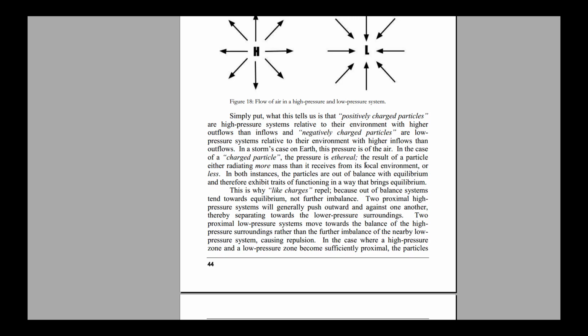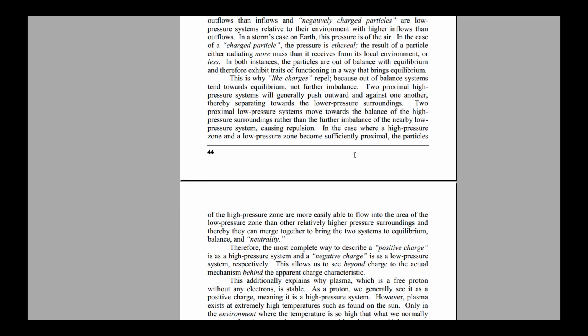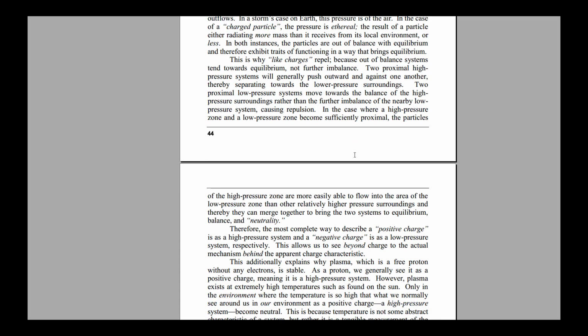This is why like charges repel, because out of balance systems tend towards equilibrium, not further imbalance. Two proximal high pressure systems will generally push outward and against one another and thereby separate towards the lower pressure surroundings. Two proximal low pressure systems move towards the balance of the higher pressure surroundings rather than the further imbalance of the nearby low pressure system, causing repulsion.